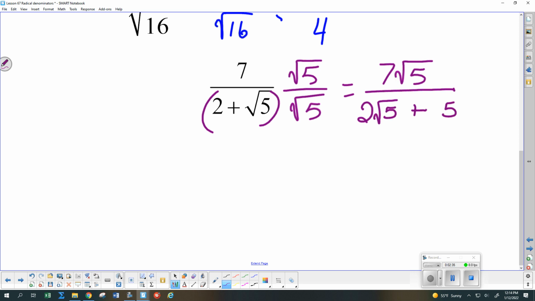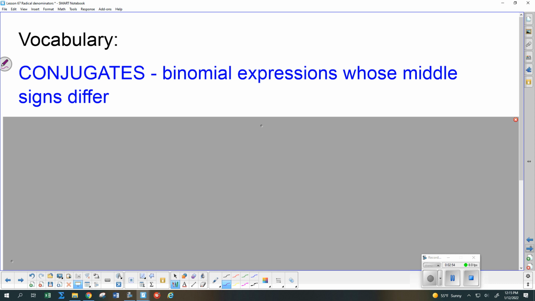Well, I got rid of 1 root 5, but now I've got a root 5 in the other part of it. That didn't work. So I'm going to have to come up with something else to do. So we'll come back to this one in a few minutes in our notes and finish it up with a method that actually works to get rid of the square roots in the denominators.